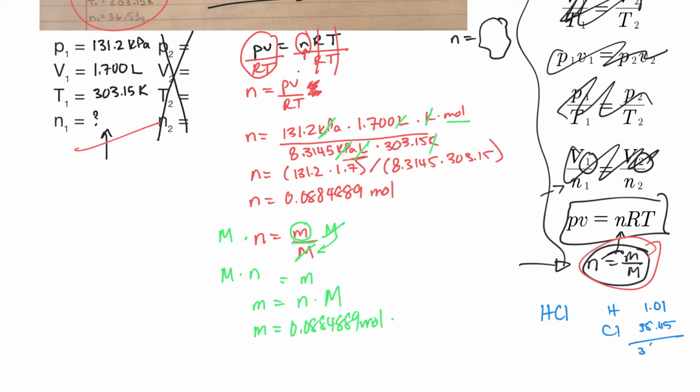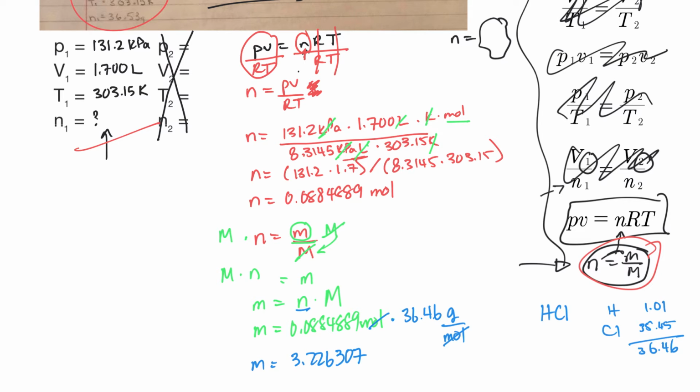So add those together, I get 36.46. So mass is equal to moles, got it, times the molar mass, 36.46 grams per mole. Moles cancel. So now I just times what I had before, times 36.46, go.